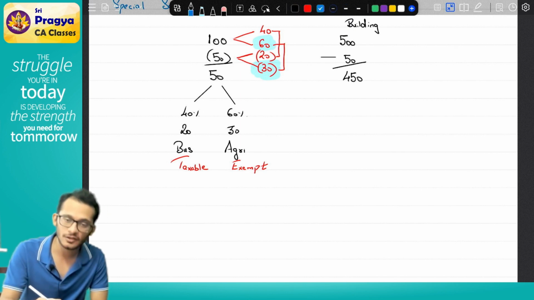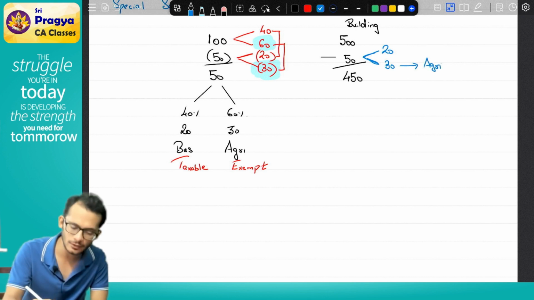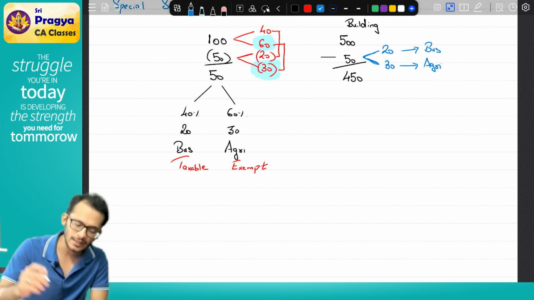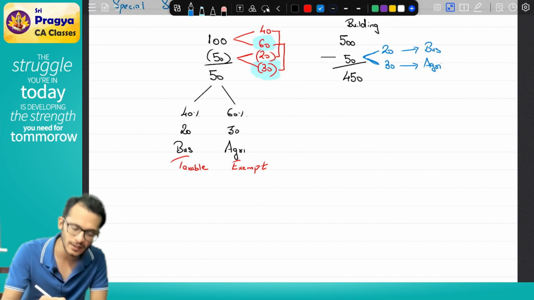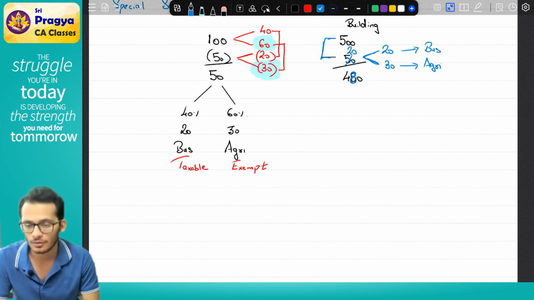In my PGBP, I only got 20 as a deduction, because the balance 30 went into agriculture, so I did not get the deduction itself. Therefore, I only got a deduction for the 20. So technically, you should only reduce 20 for me, and therefore my asset should show 480.